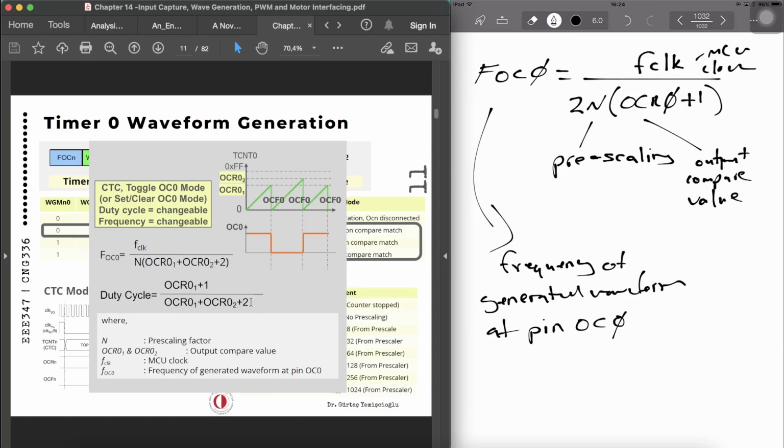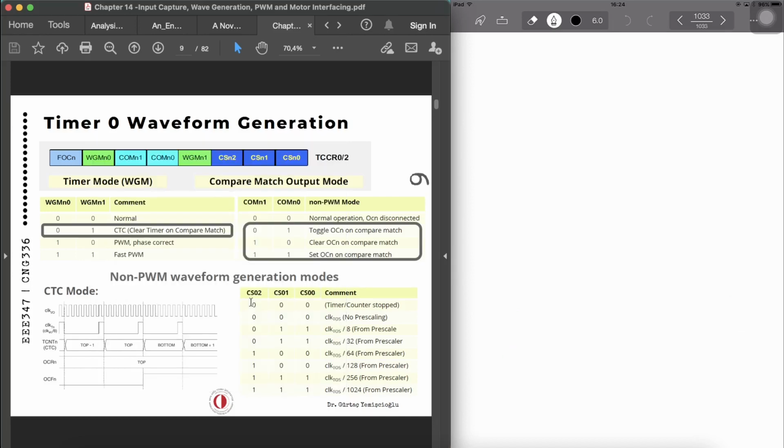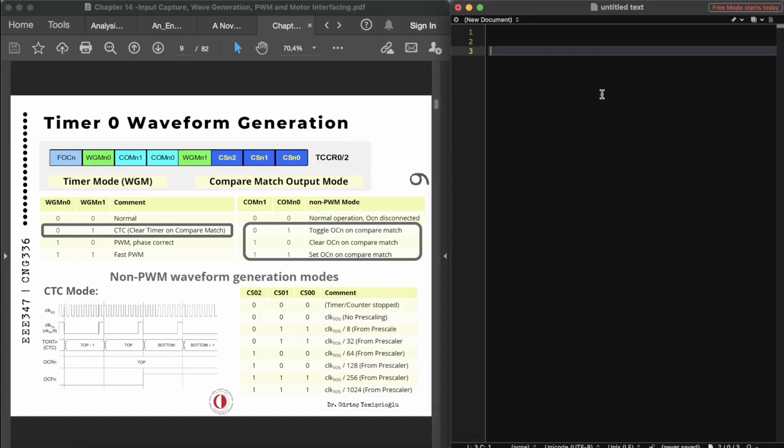Before we move on, one of the important things in this type of configuration, when you want to generate a wave, is how to set these register values. The register is given over here. I'll write the question over here so that we can go through it together.